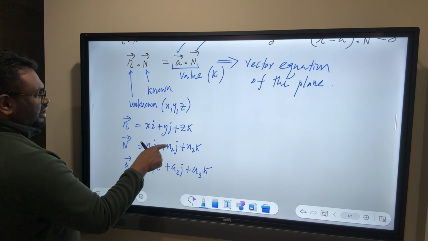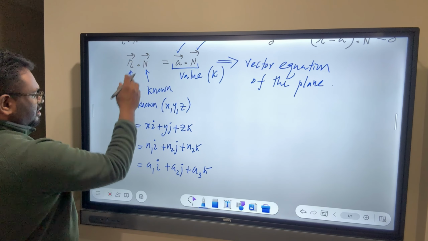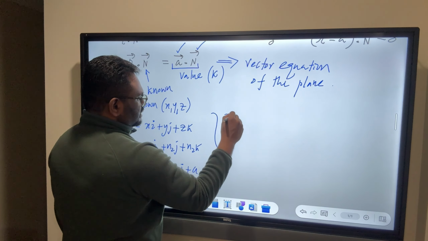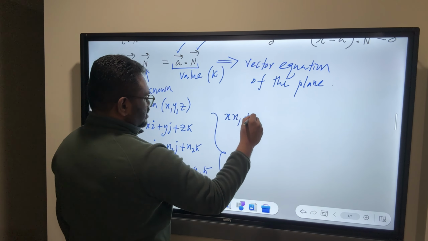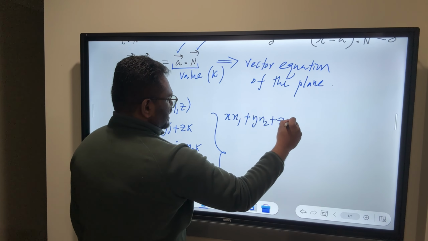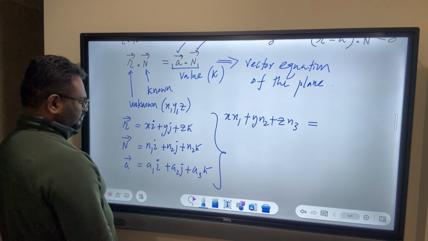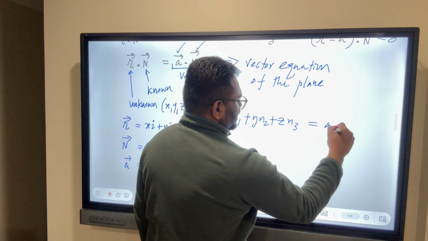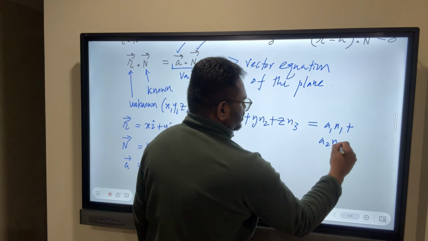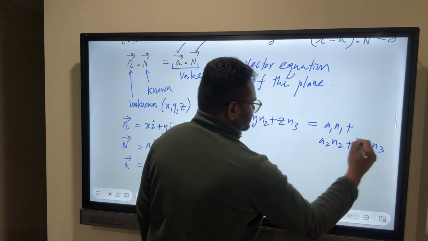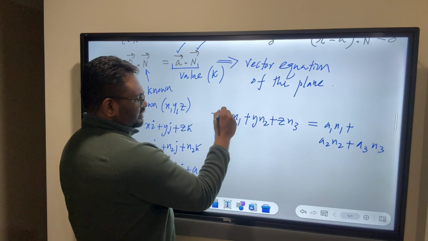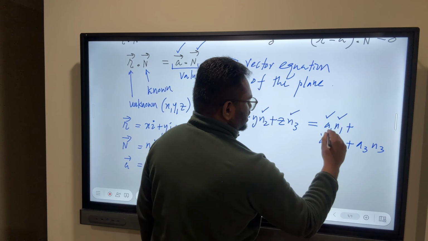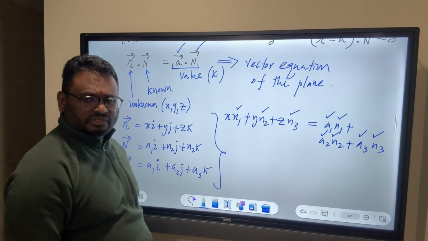Now when you apply all of these, you get R dot N: xn1 plus yn2 plus zn3 is equal to A dot N, which is a1n1 plus a2n2 plus a3n3. Now you understand all of these values on the right are known values.